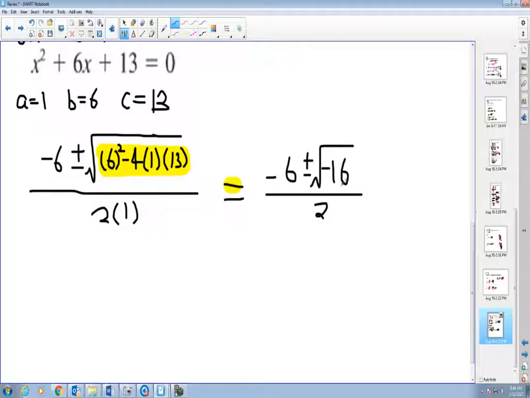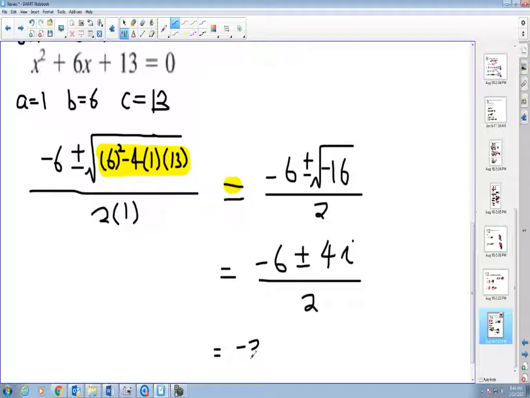Alright, so I know square root of 16 is a 4. Square root of a negative is an i, whole thing over 2. Alright, when the numbers are on the outside of the square root, all 3 of them, if they can be reduced, you reduce them. If only 2 of them can be reduced, you don't. All 3 of them on the outside have to be reduced.